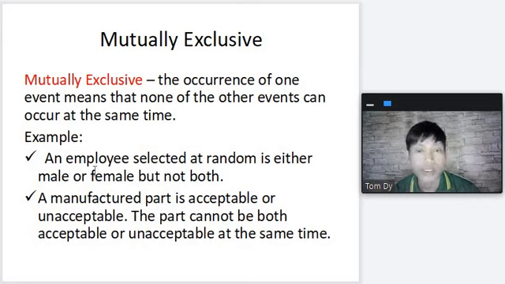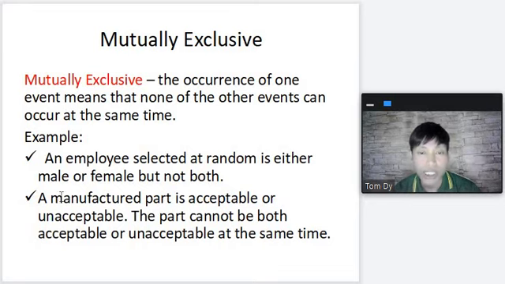If you notice, this is more on the sex of a person. He may be a male or female, but not both. So that person can be a male or a female, but not both. So this is an example of mutually exclusive.